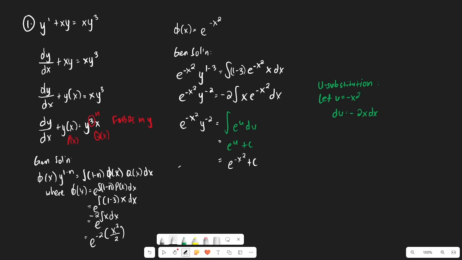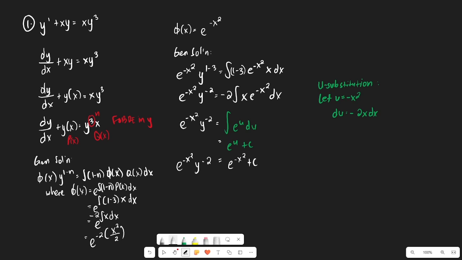So now we have e raised to negative x squared y raised to negative 2 is equal to e raised to negative x squared plus c. Now we can divide both sides by e raised to negative x squared, or multiply both sides by e raised to positive x squared, so that we can cancel out the 2.